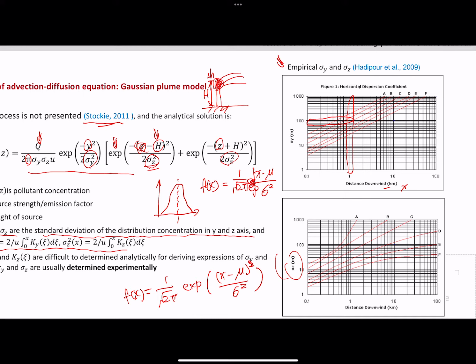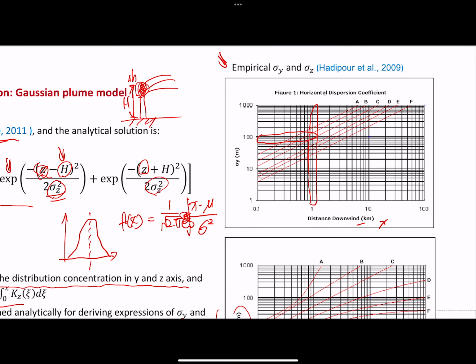You may also notice that we have A, B, C, D, E, F. These letters refer to the atmospheric instability. As we mentioned in the last lecture, we know that the temperature is decreasing over height.